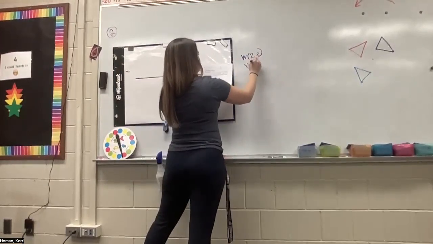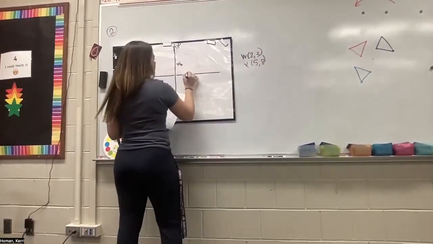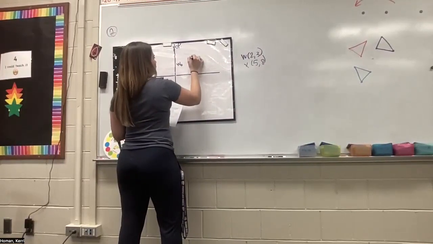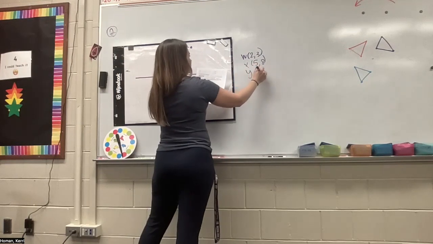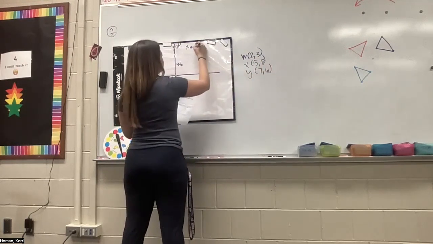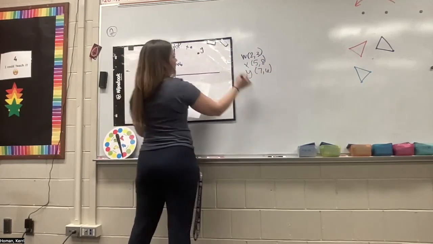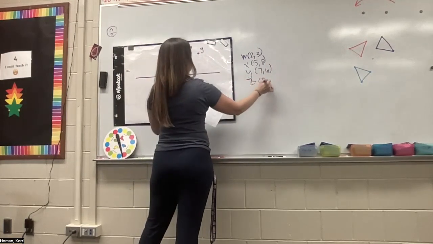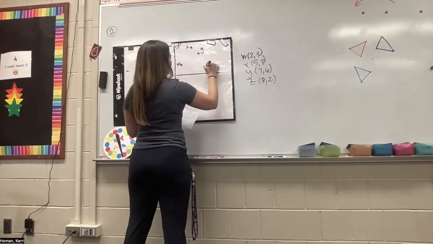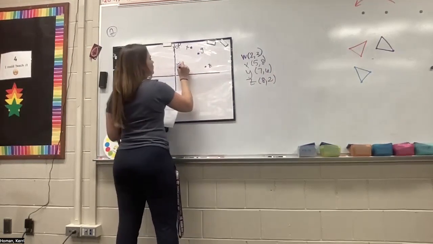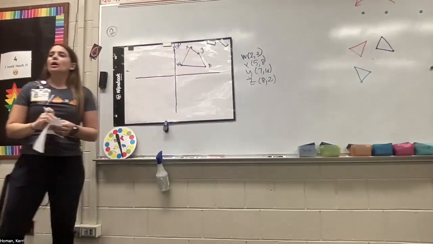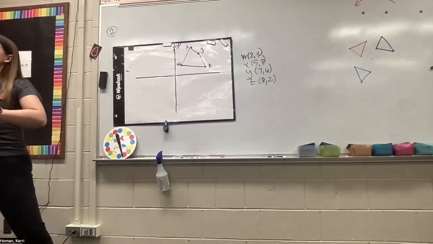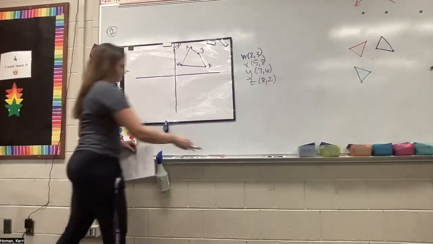X is at 5, 8. Y is at 7, 6. And Z is at 8, 2. Okay, is this what it looks like? Jacob, what does it say? How far are we rotating it?